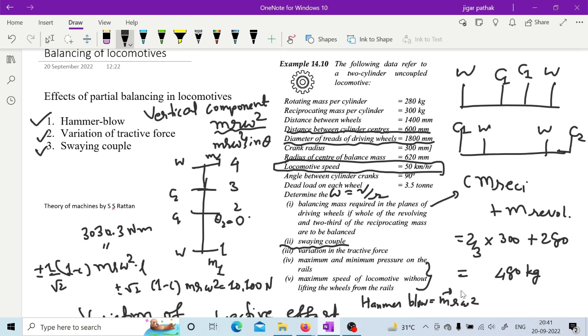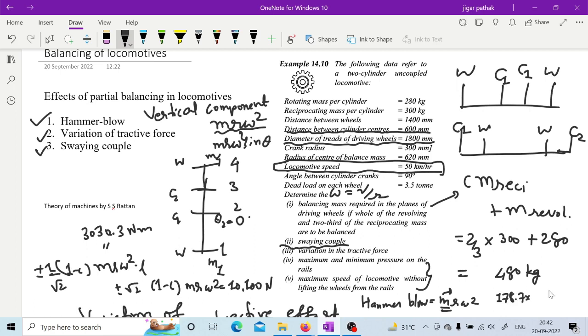So if you have calculated this m1 or m4, both are coming as 178.7.